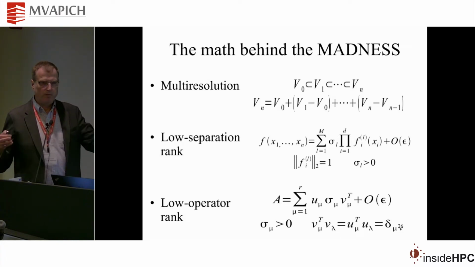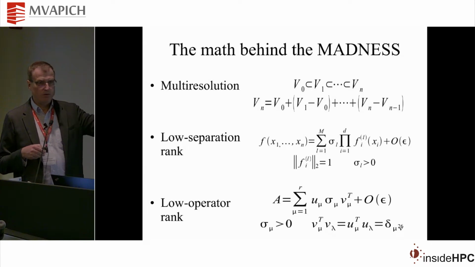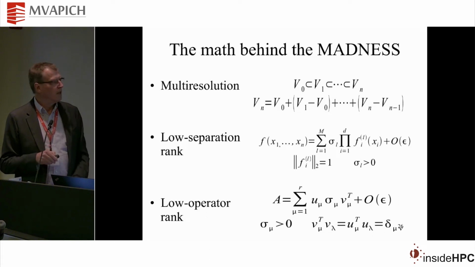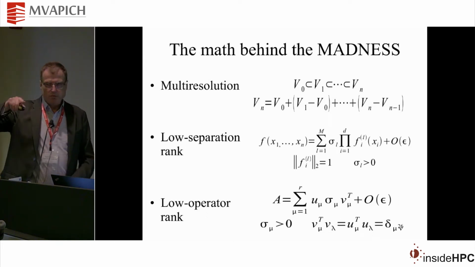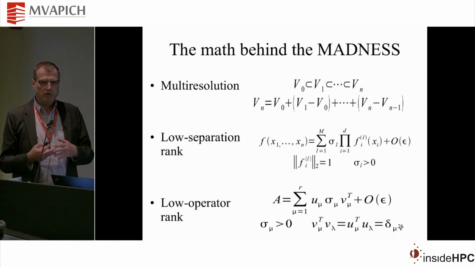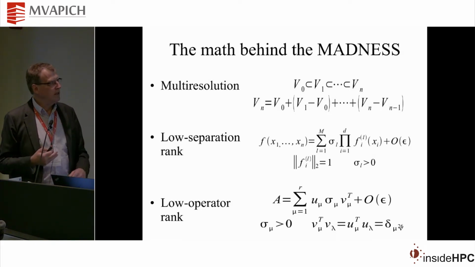And you should be able to see that in a place where the function is behaving smoothly, changing smoothly, maybe we can represent the function accurately at level 1, which means that successive differences are negligible. Whereas if the function is wiggling, we have to resolve down to maybe the finest level. So what you can see we've done is translate smoothness into sparsity. So that's one key technique here.